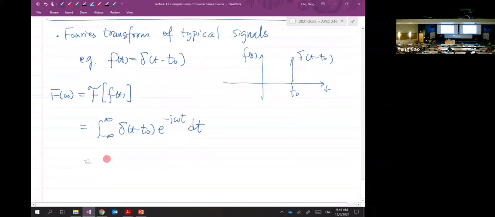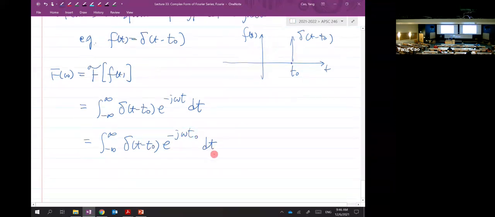And this is where you will make use of the properties of an impulse function. When you multiply any time function with a delta function, shifted or non-shifted, doesn't matter, because the delta function exists only at t naught, this exponential term, which originally is a function of t, you can replace the t with t naught.